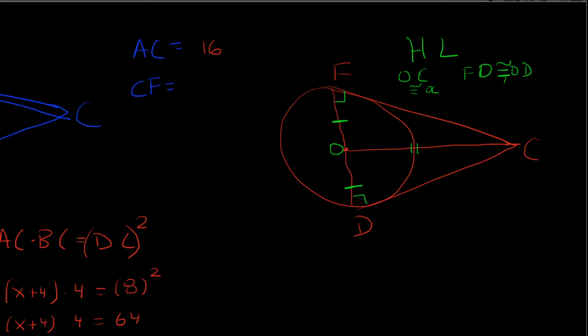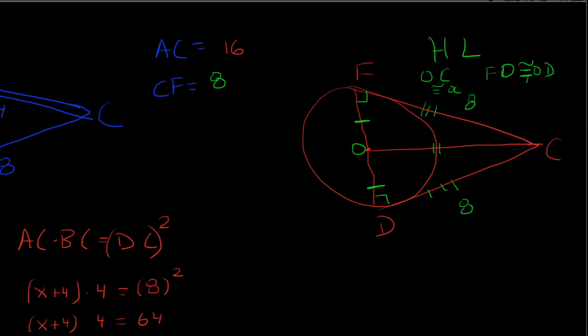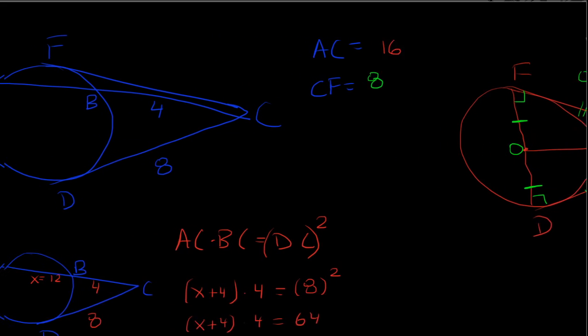FO is congruent to OD since the radius. So those are going to be congruent. That means by CPCTC, FC is congruent to DC. Okay, so we had DC as 8. That means FC also has to be 8. Okay. So that completes this problem.